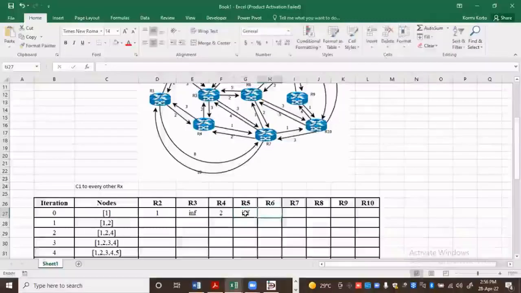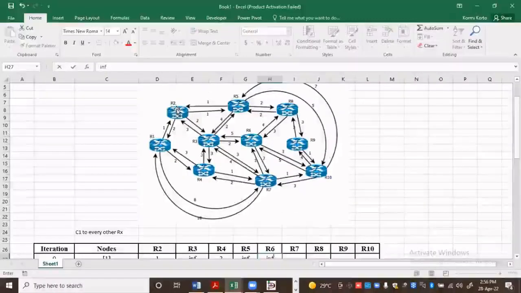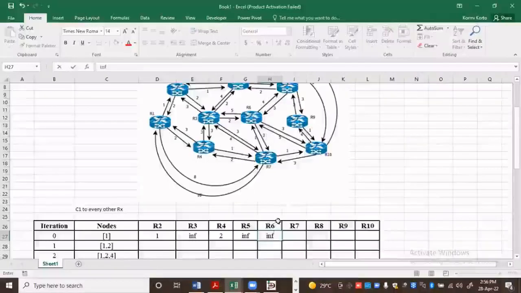R6, the same thing, it will be infinite as well, because to get to R6, you need to go through either R2, R5, R3, R4, and R7, or even R8. But since you don't have any of those, it'll be infinite.